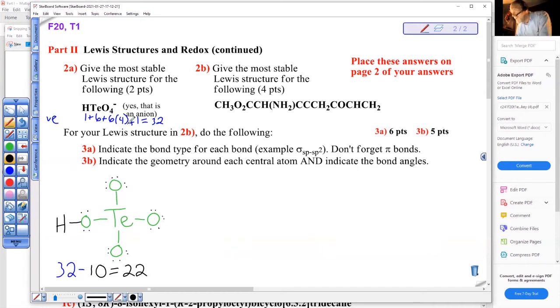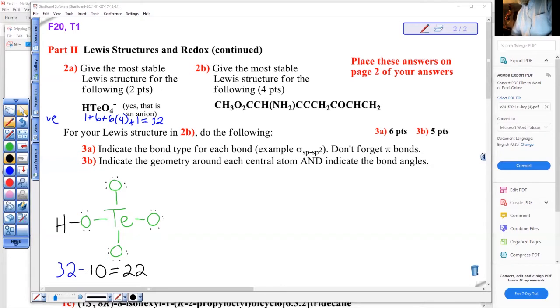It seems like I'm coming up with too many electrons. Group 6 times 4 is 24. Have we come up with 32 yet? 2, 4, 6, 8, 10, 12, 14, 16, 18, 20, 22, 24, 26, 28, 30, 32. Okay, I was miscounting. We've got 32, so we're done, right? No, we're not done.